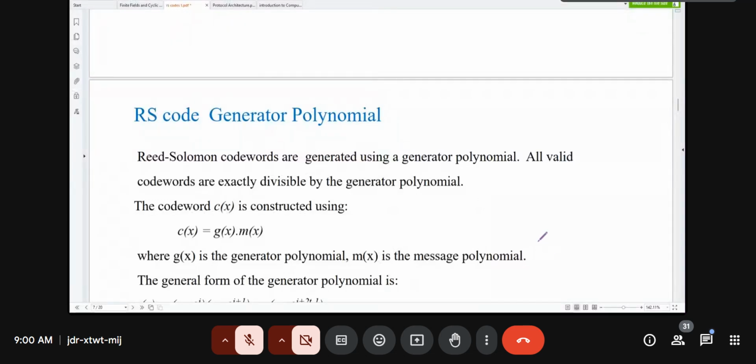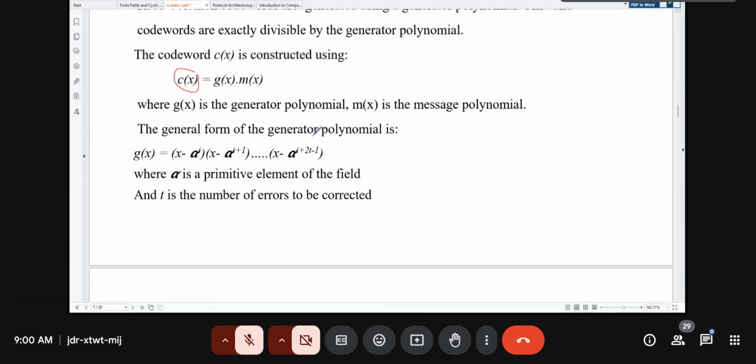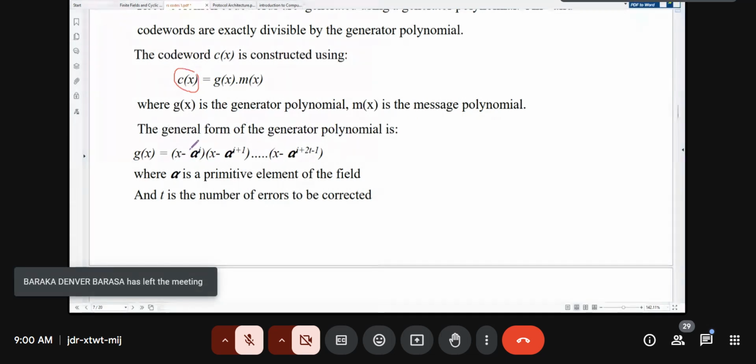Because at the end of the day, the code word you send, you simply multiply the generator polynomial with the message polynomial. G(x) is the generator polynomial, and M(x) is the message polynomial.